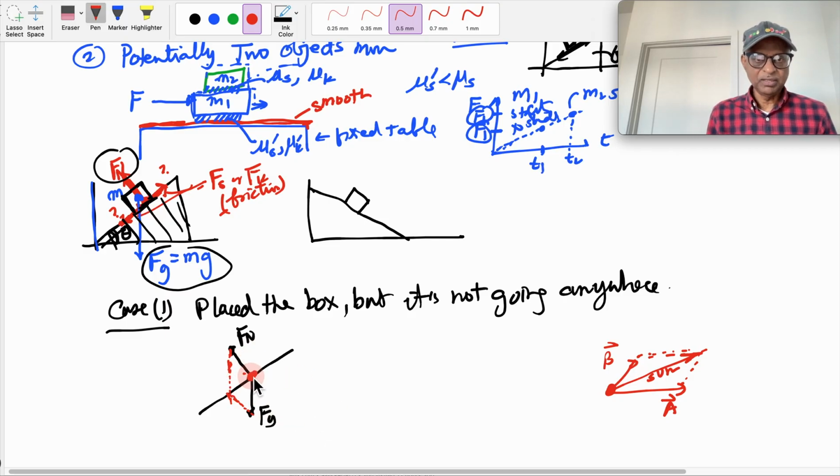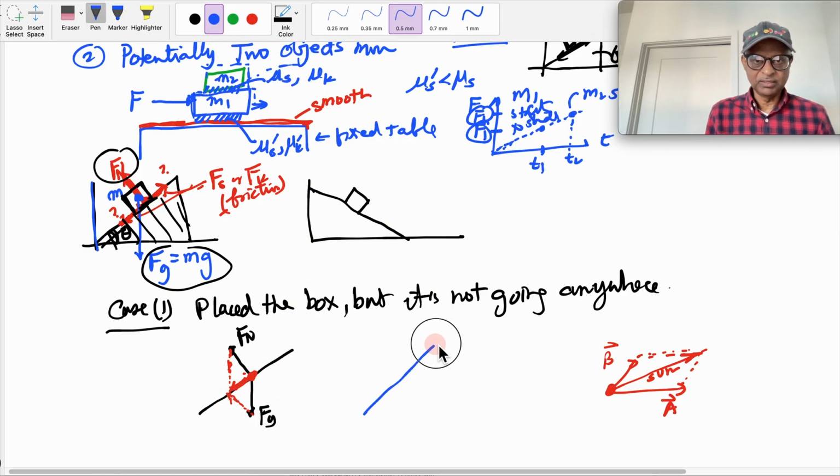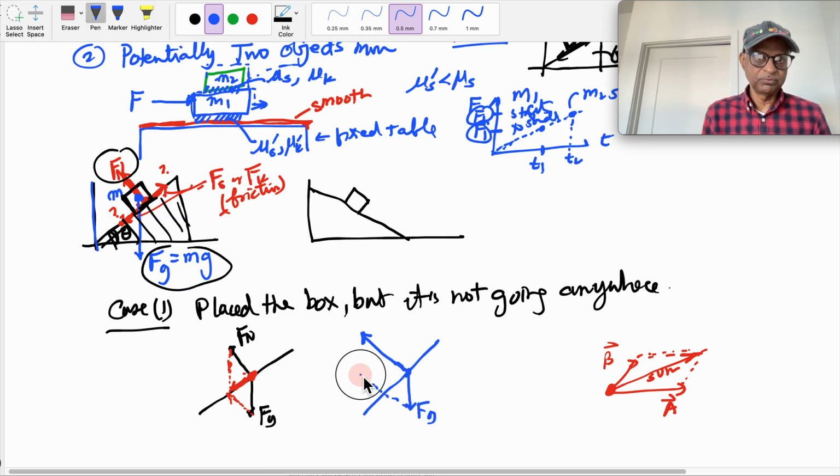So there has to be a third force. There will be a non-zero force. Suppose I draw it very poorly, and I drew Fg like this, but I kept this one, maybe I made it really big. Then it will say that the net force will be in that direction.